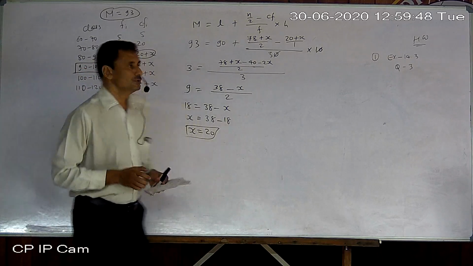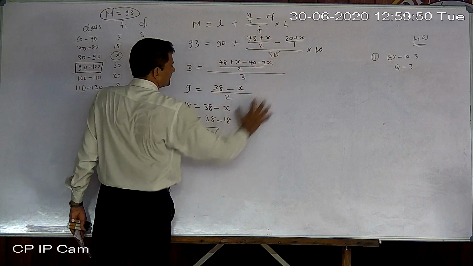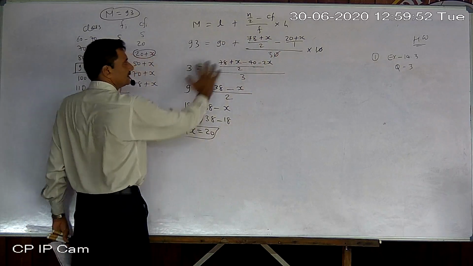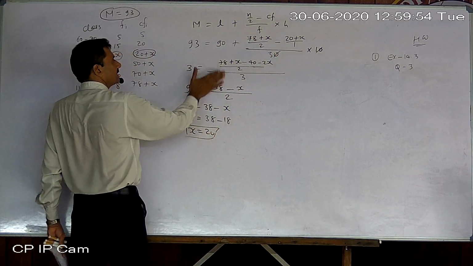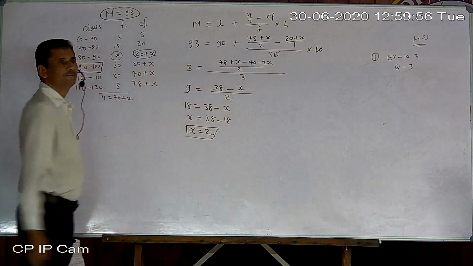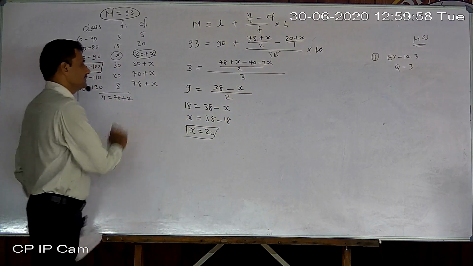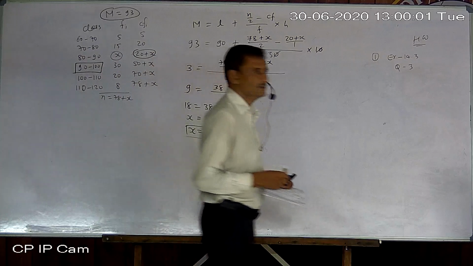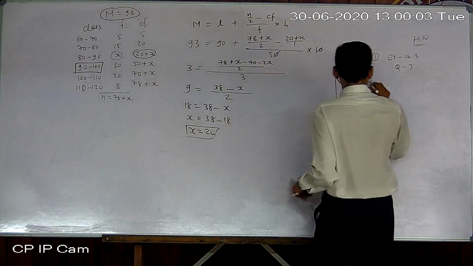So you make mistakes in these simplification steps. So be careful at this step. Okay, so this is the median when one frequency is missing.